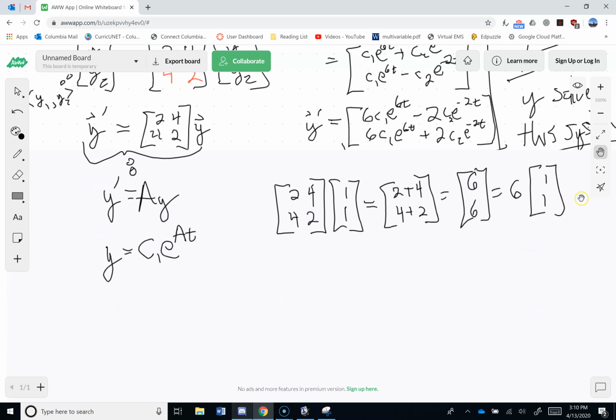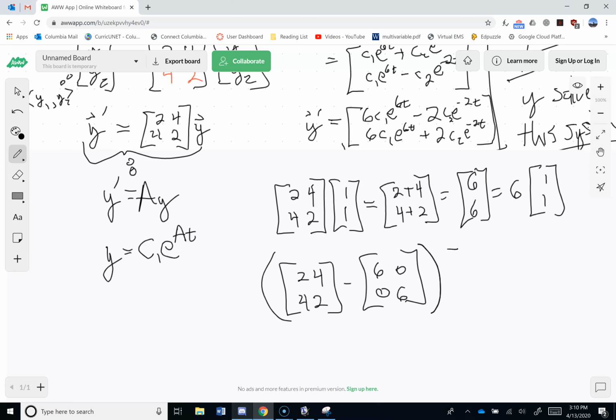What if I rewrote that as the matrix 2, 4, 4, 2 minus the matrix 6, 0, 0, 6 times the vector 1, 1 equals 0?